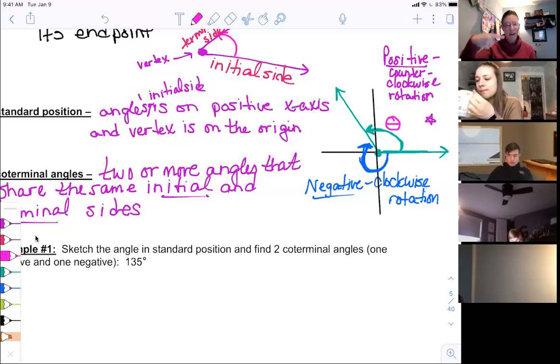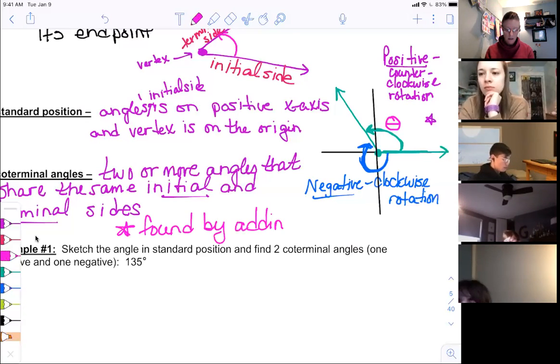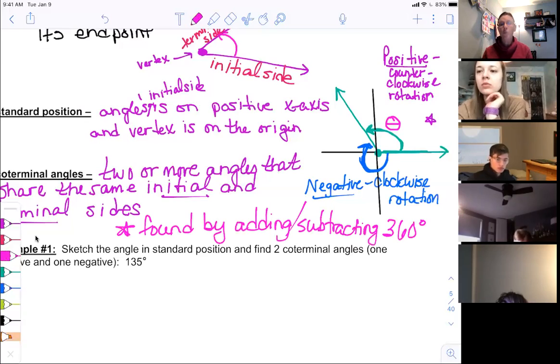You have the top half and you have the bottom half. So we would find these by adding or subtracting 360 degrees. Because together they do form a full circle.